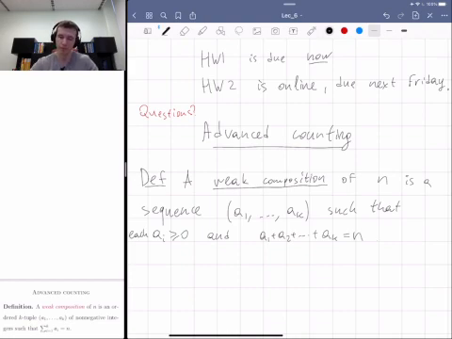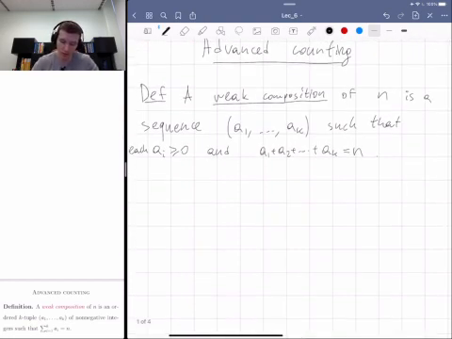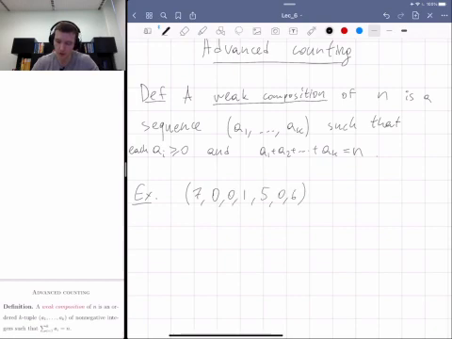All right. So, for example, 7, 0, 0, 1, 5, 0, 6 is a weak composition of whatever the sum of these numbers is, of 19, I guess.